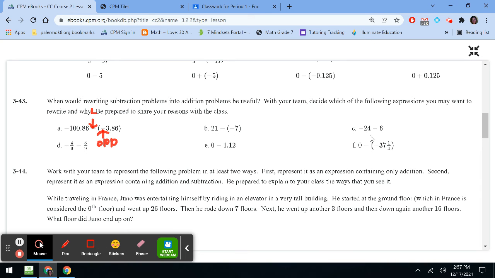So some students said they'd leave this one alone. I would make the argument, if I have negative 24 and I'm adding negative 6 to it, which is what this would be as an addition problem, if I'm using integer tiles, just adding negative 6 to it, it's the same thing as over here, where I am adding those and I don't have to do anything.